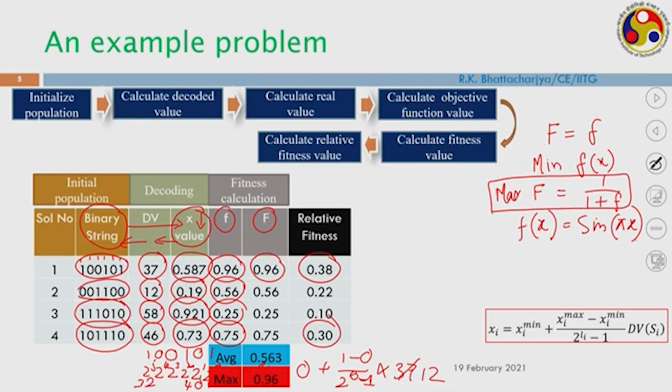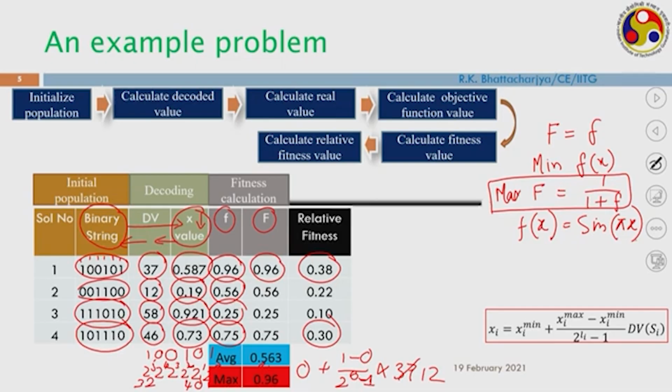If you recall, this relative fitness is equal to the area occupied on the roulette wheel. This is the area this particular solution will occupy on the roulette wheel. So, this is 38%, then 22%, then 10% and 30%.